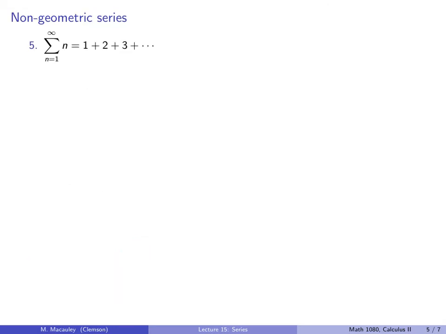So here's a series that is not geometric, and if I were to ask you if this converges or diverges, it should be obvious. You should say, well, it obviously diverges, but why? So let me just write that this thing clearly diverges.